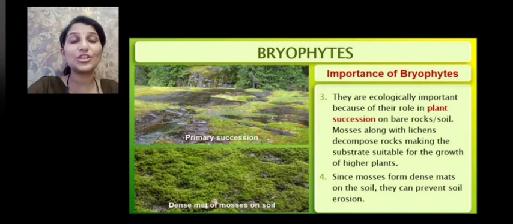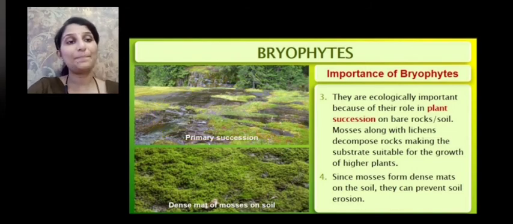So in the succession of plants, it begins on bare rocks, and the first plants to appear there will be lichens, followed by these bryophytes, and together they produce certain enzymes which help to dissolve the rocks and help in the formation of soil, and thus help in succession of plants. We can see this picture which depicts succession of plants.